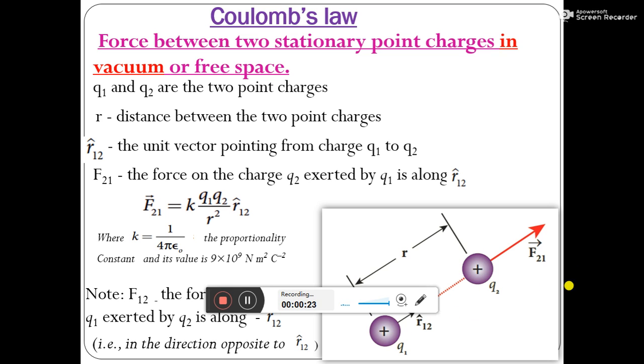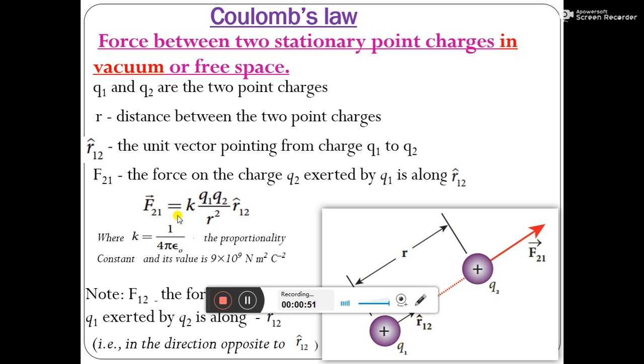These two point charges are separated by a distance r, where r12 cap is nothing but a unit vector pointing from charge Q1 to Q2. F21 is the force on the charge Q2 exerted by Q1, which is acting along r12.